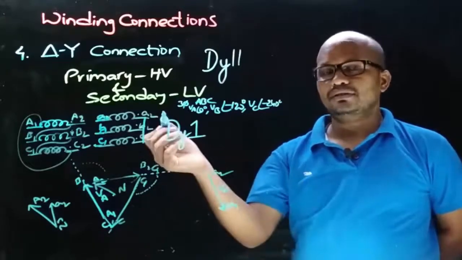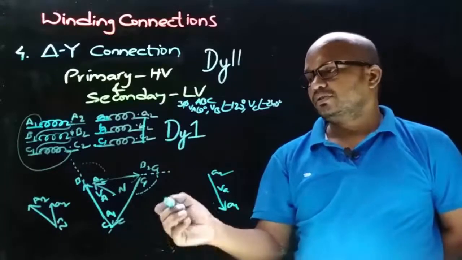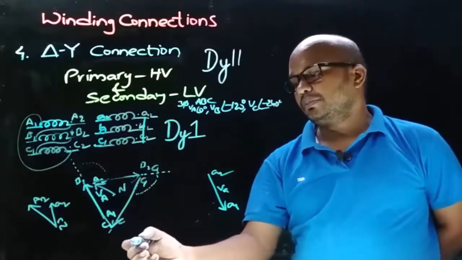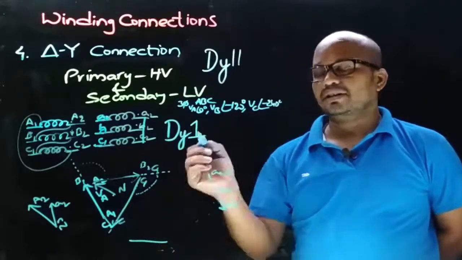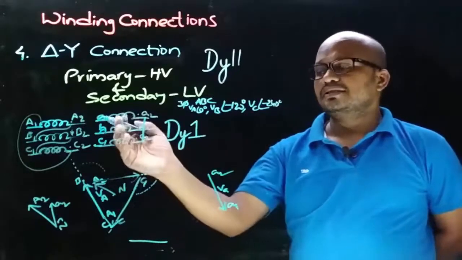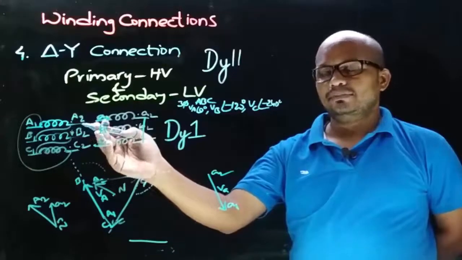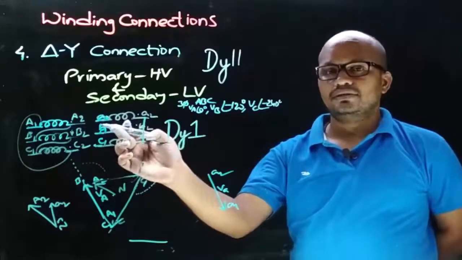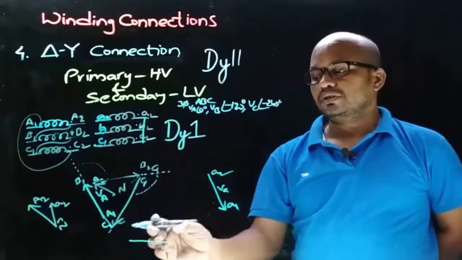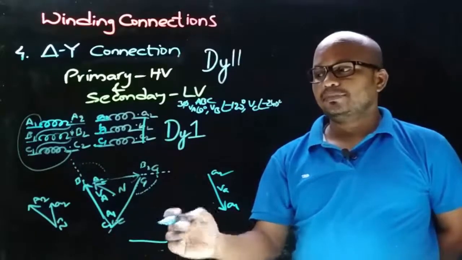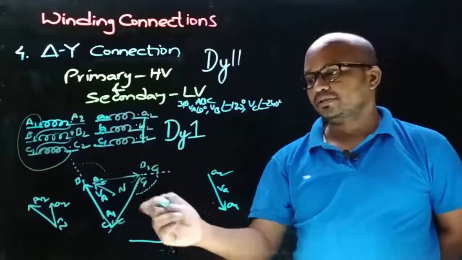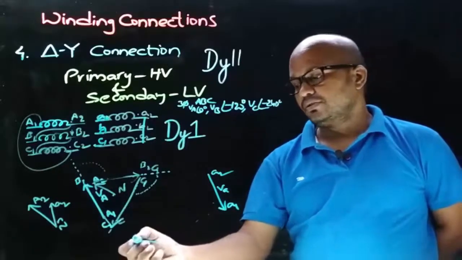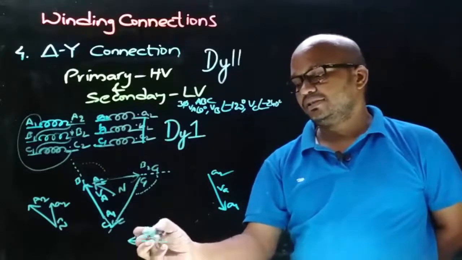And now let's draw the secondary side VB phasor. Let's draw it parallel to the primary side VB phasor, somewhere here. Now let's decide the direction: as the connection on the primary side is from the dot end terminal and on the secondary side from the non-dot end, the direction of the secondary side VB phasor will be opposite to the primary side VB phasor. As the primary side VB phasor is towards this direction, the secondary side VB phasor direction will be like this.